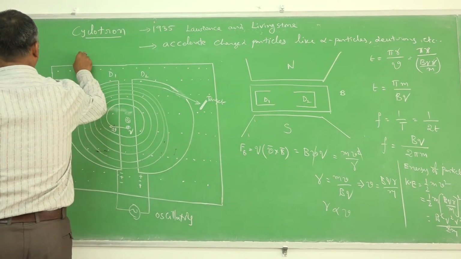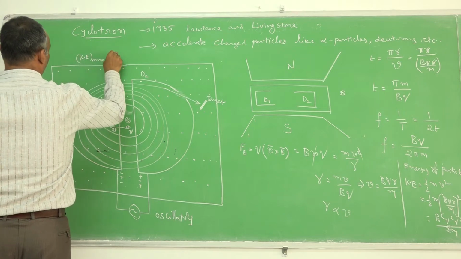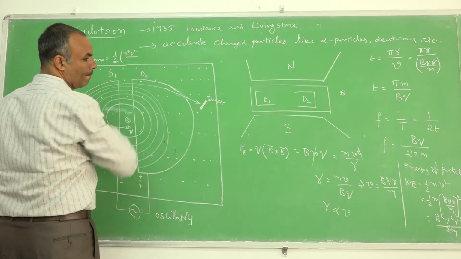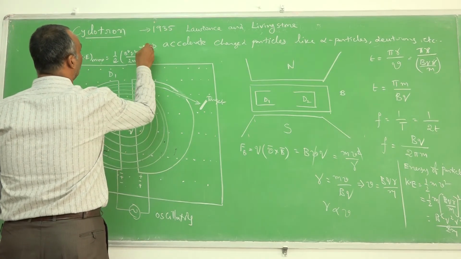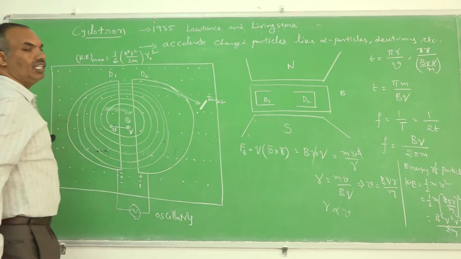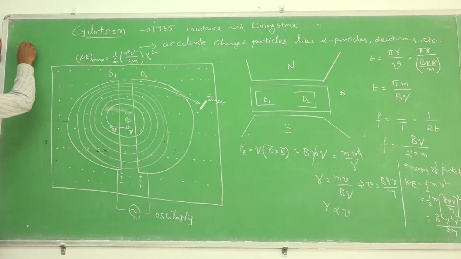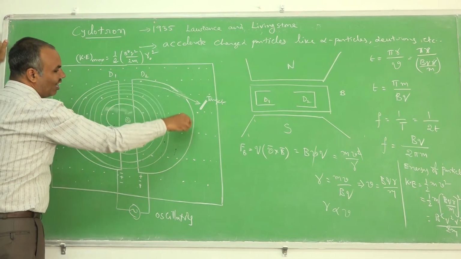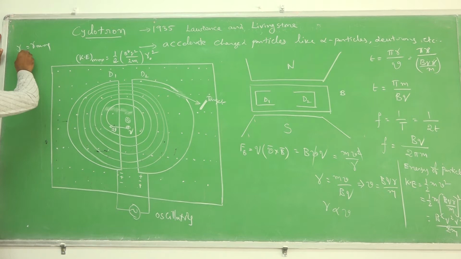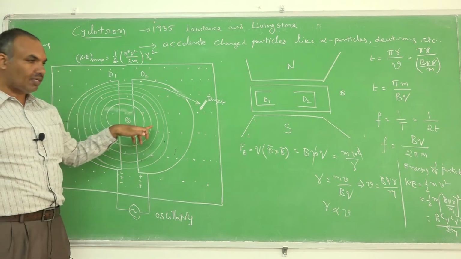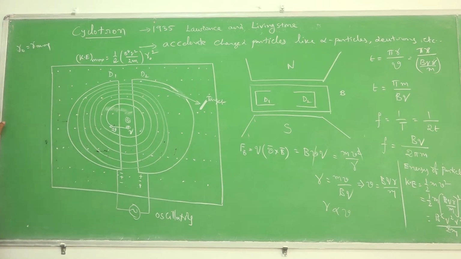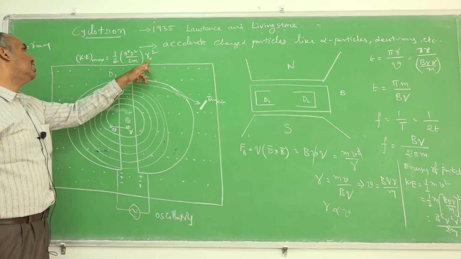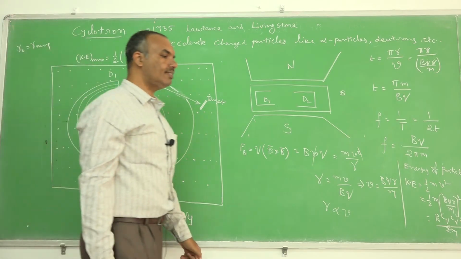If you want maximum energy, KE maximum, nothing but half into b square q square by 2m, which is constant, into r square. r should have maximum value, that is r naught. r naught is equal to r maximum, nothing but the radius of the D. This particle may increase its radius till the periphery of the D. Once the particle reaches the periphery of the D, the radius gets its maximum value, and the kinetic energy of the particle also gets maximum.